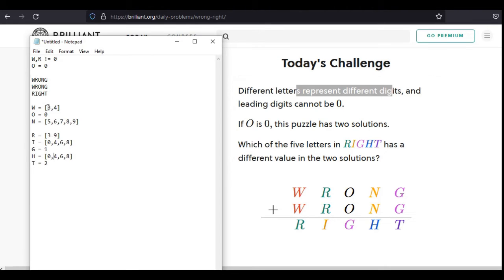So W is either 3 or 4, so the least R can be is 6, right? Not 3, so R should be between 6 and 9.